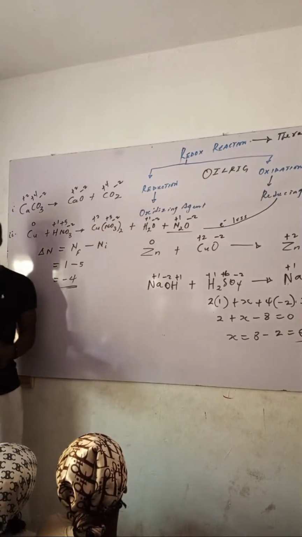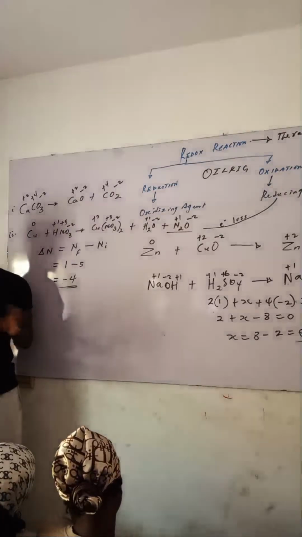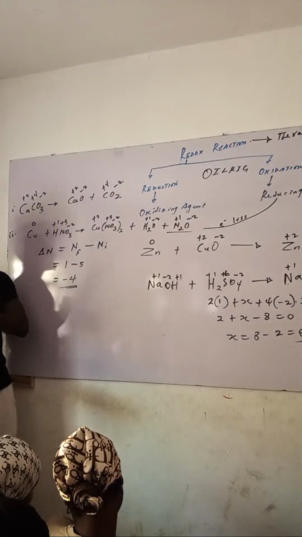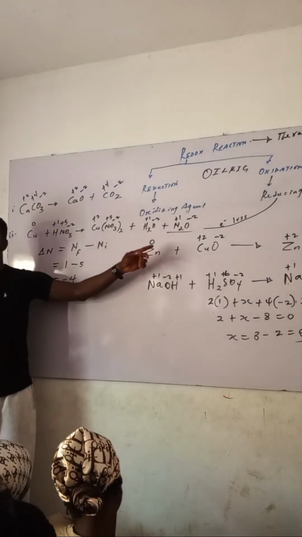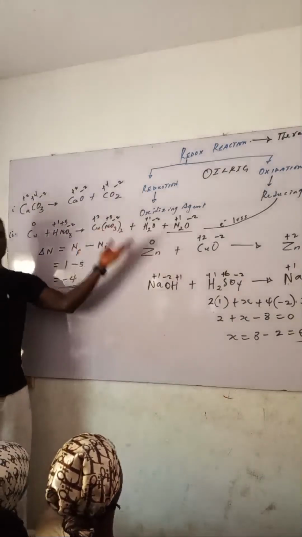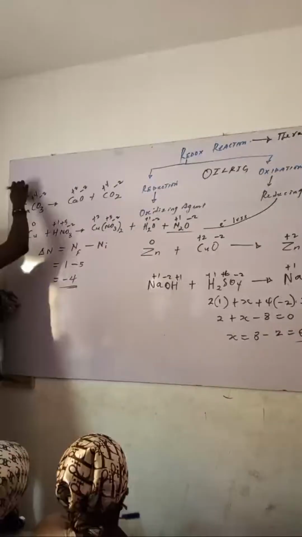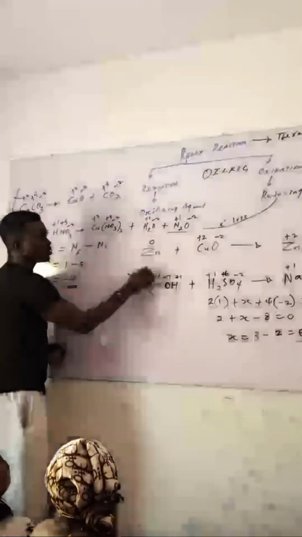So is it a redox reaction? There is no change in oxidation state. So now the question is, which one is undergoing oxidation and which one is undergoing reduction? Which one is the reducing agent? Which one is the oxidizing agent? So this is not a redox. This guy is not a redox.